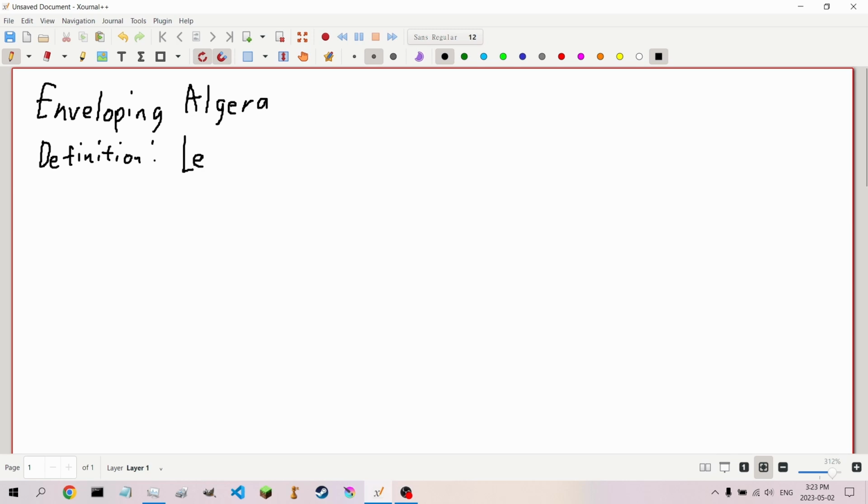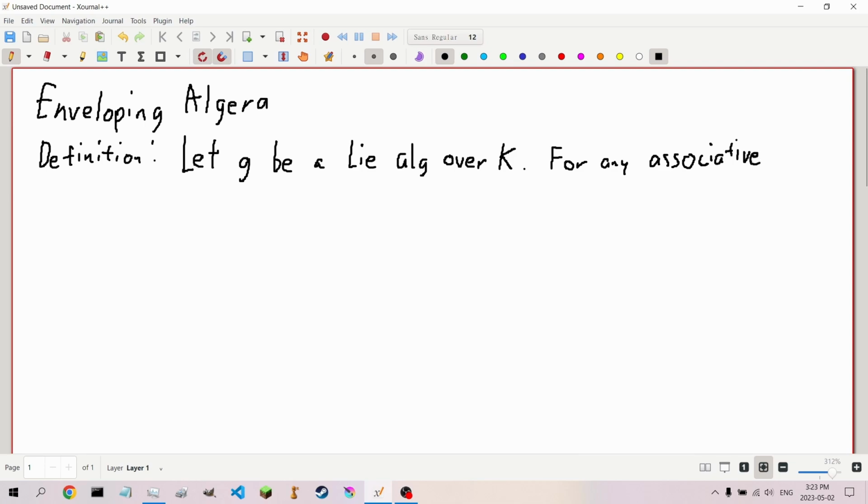So we're going to let G be a Lie algebra, and this is going to be over a ring K. And then for any associative algebra, just keep in mind the product of an algebra doesn't necessarily have to be associative. It doesn't have to be anything except for bilinear.